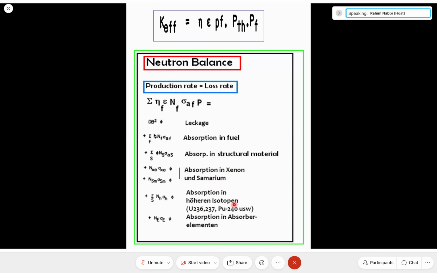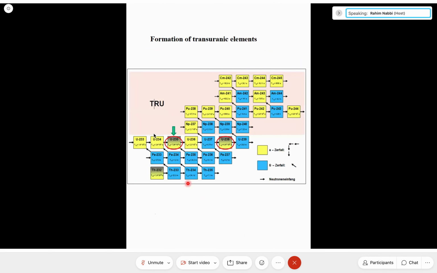And the next one is other isotopes, uranium-236, uranium-237, plutonium, and so on, because you remember the chain reaction, and all individual isotopes here. For example, if you take plutonium-238, it is a beta emitter, goes to plutonium-239.